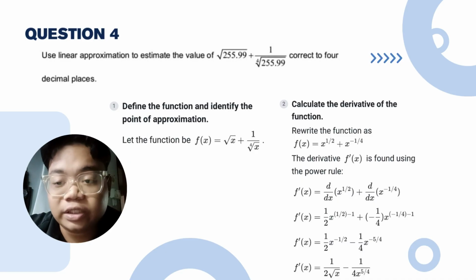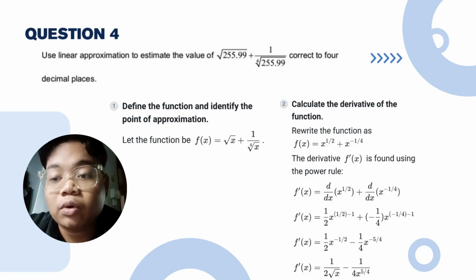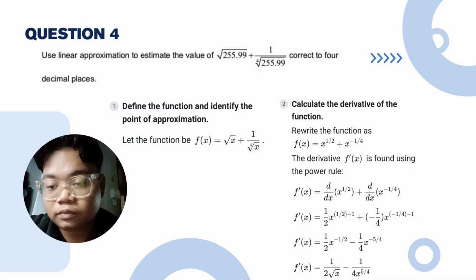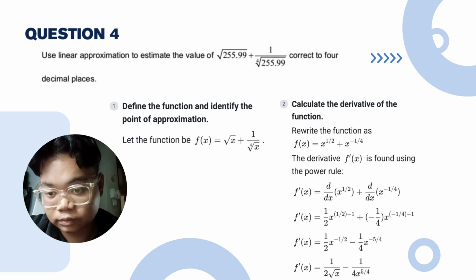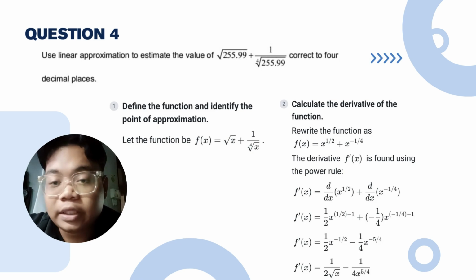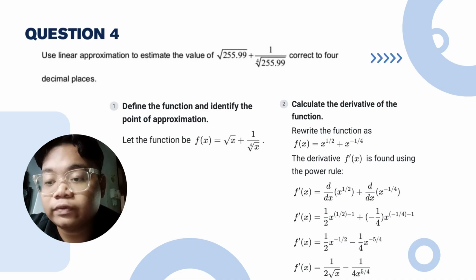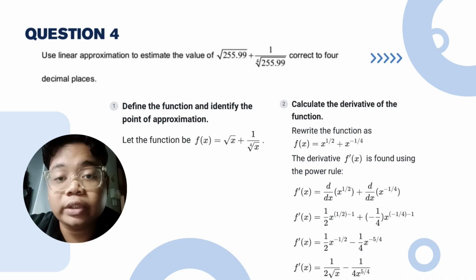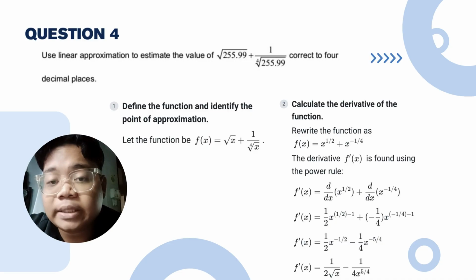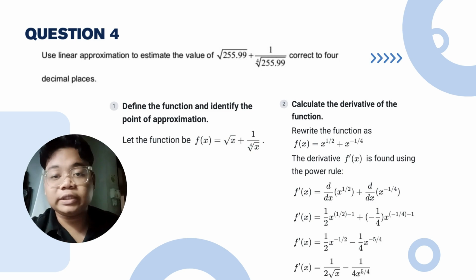To subtract these fractions, we must find a common denominator, which is 4096, where the equation will be f prime(256) equals 128 over 4096 minus 1 over 4096, where the answer is 127 over 4096.